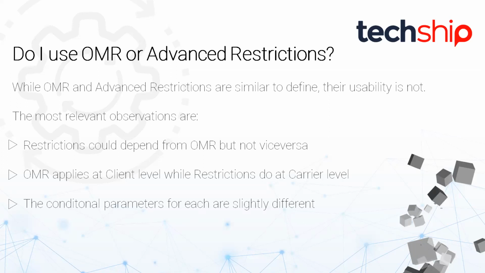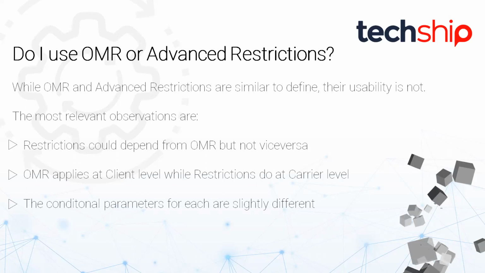It's UPS or FedEx, this and that service, while OMR rules apply to the whole client, regardless of the carriers that you have under that client. OMR rules will apply to the client as a whole. OMR's range of action is between client and client. So client A could have one rule, client B could have another one, but it affects the client as a whole.